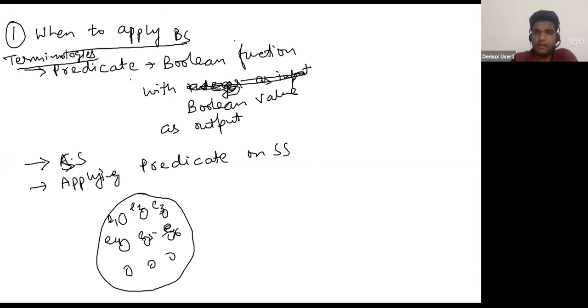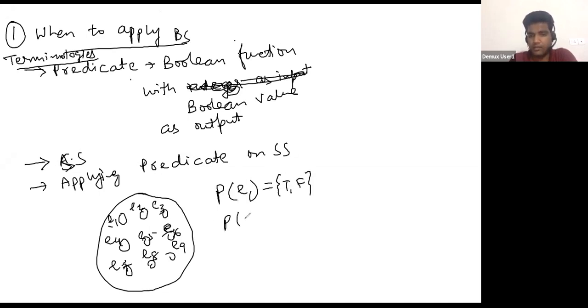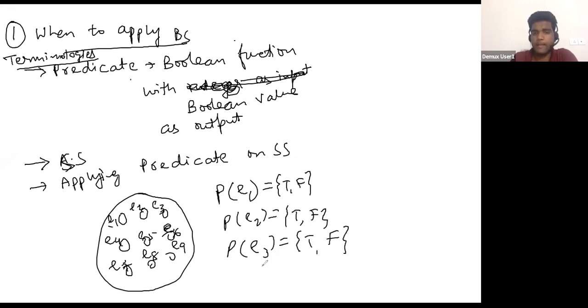When I'm applying the predicate on that search space, I am defining a function which maps every such element of the search space to either true or false. So P1 can be true or false. P2 will be either true or false. P3 will be true or false, and so on till P9. I have defined a predicate over all the elements of my search space. Okay, these are some terminologies that we need to keep in mind.